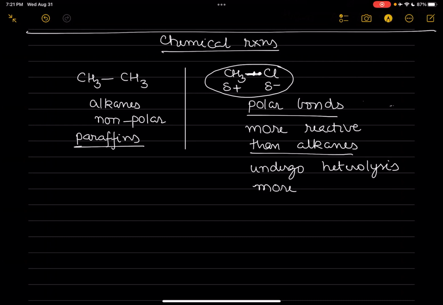Is it clear? But sir, if the electrons were in the middle, then what would happen? Then it will be very difficult for us to break. Then where would you react? Suppose there is a group of friends, and all the friends are equally friendly with one another.